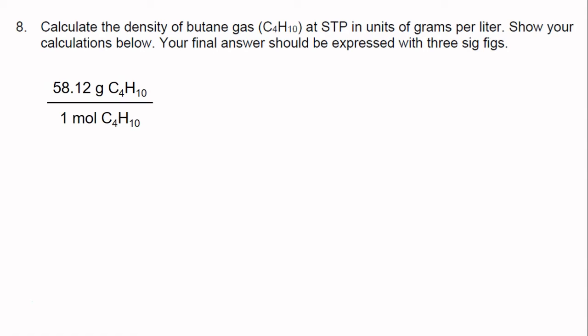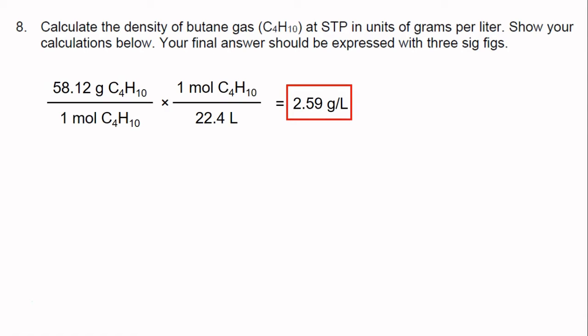We also know that there are 22.4 liters of butane gas in 1 mole because we are at standard temperature and pressure. So with these 2 conversion factors multiplied together, the moles cancel out, and we end up with units of grams per liter, and that's what we want. So the density of this gas is equal to 2.59 grams per liter.